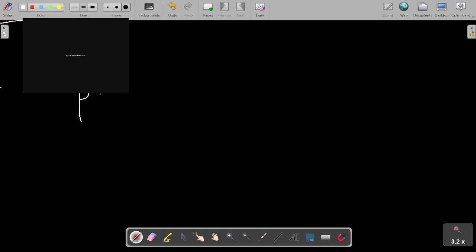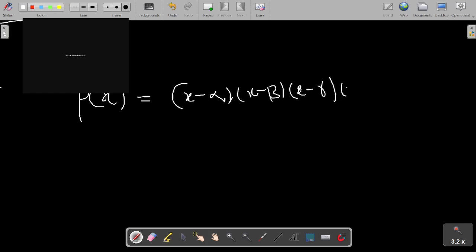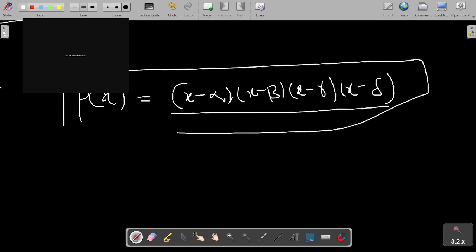So that means I can express this equation p of x as x minus alpha, x minus beta, x minus gamma, and x minus delta. So we can write the 4-degree equation like this to solve problems like these.